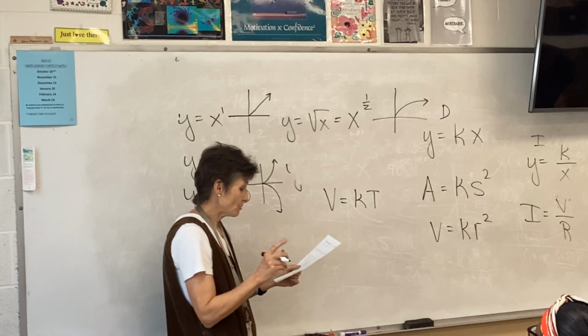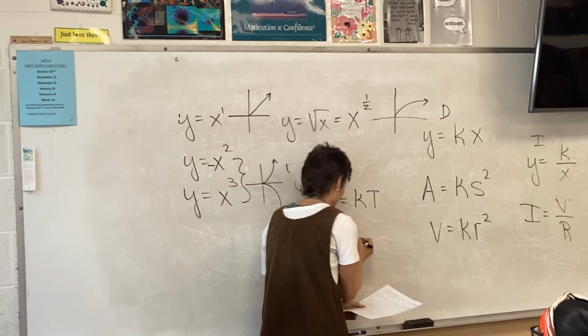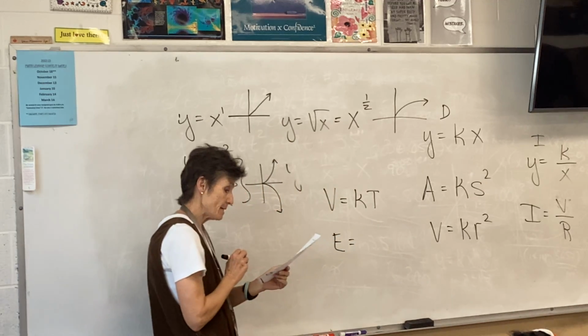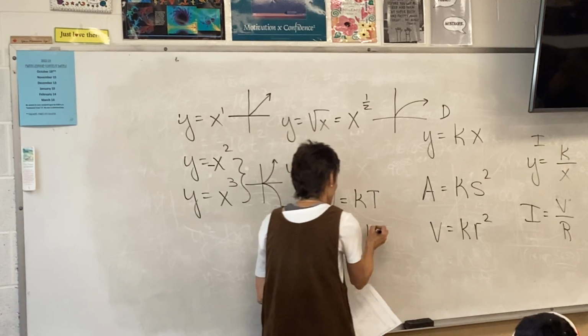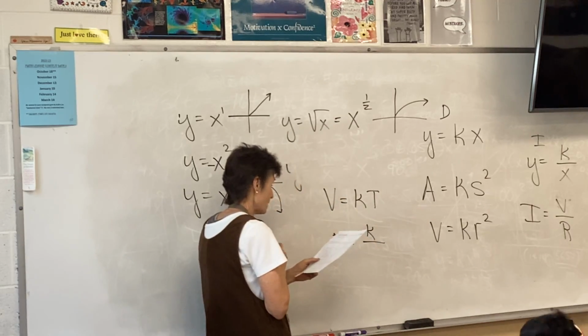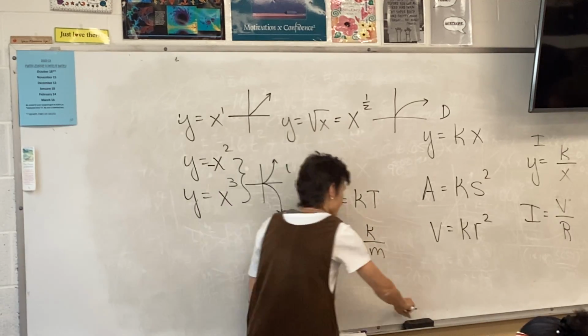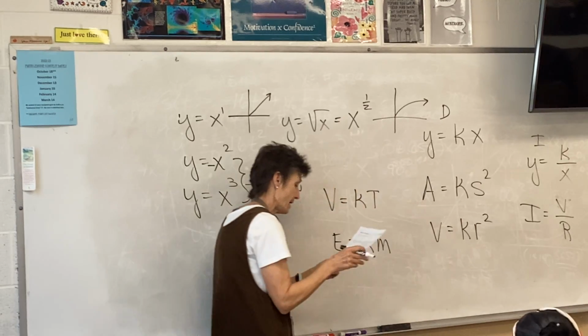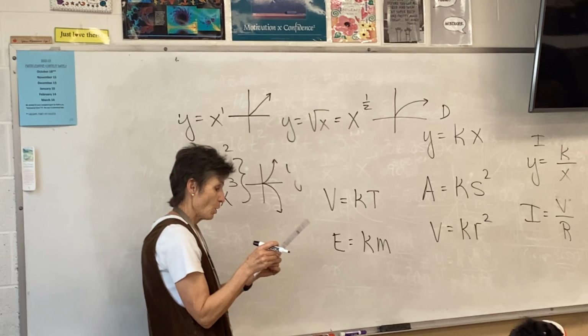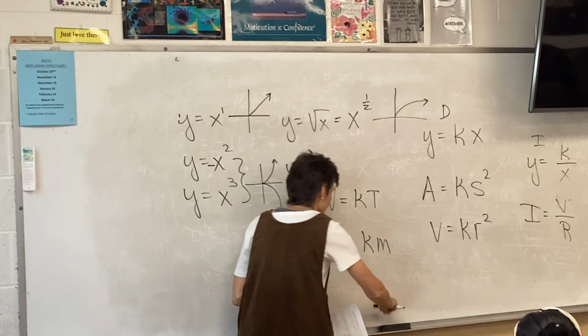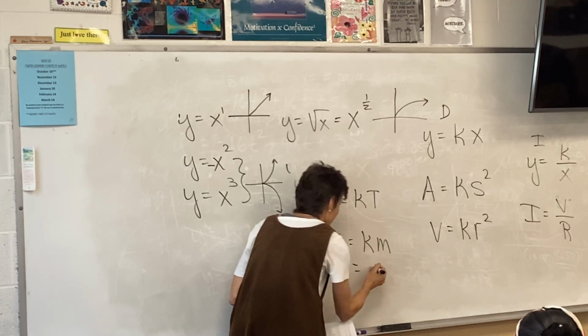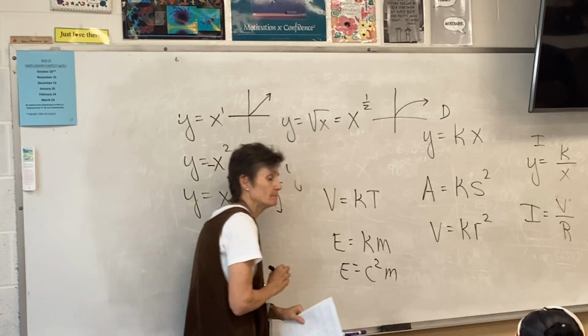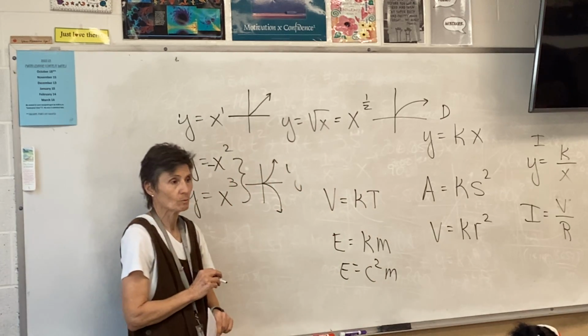All right, the energy E is proportional to the mass M, with the constant of variation being c squared. You've seen that before, E equals mc squared.